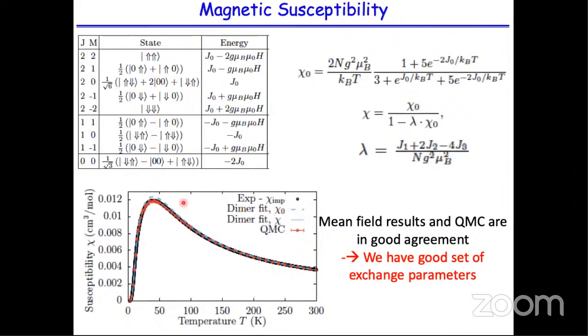So you see the dimer fit keeps quite a good agreement, but a little bit shifted, the intensity a little bit higher. But then as soon as you put in this mean field approach and bring in the inter-dimer coupling, that discrepancy goes away, and you have a very good agreement between the experimental susceptibility and the theoretical one.